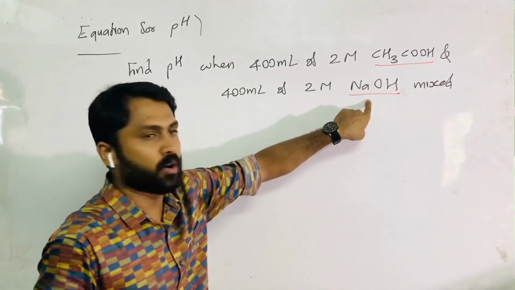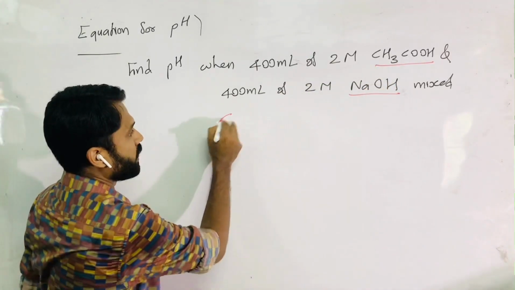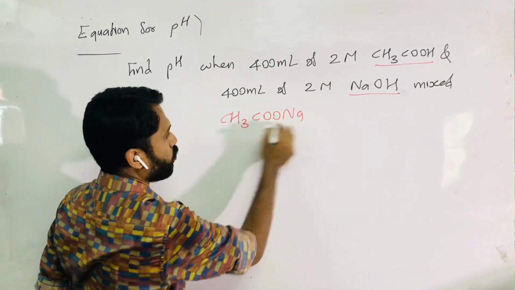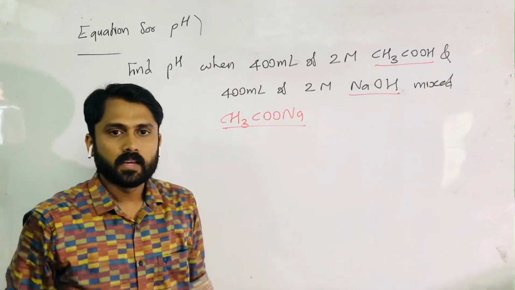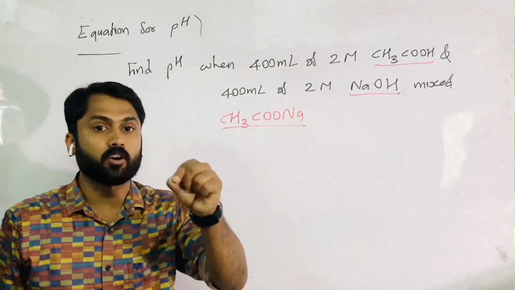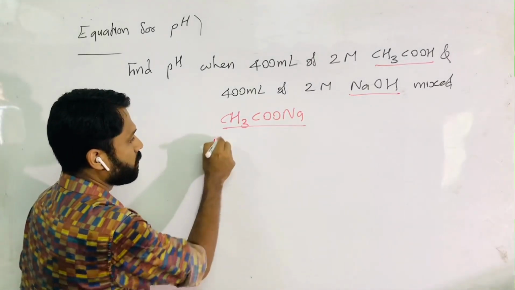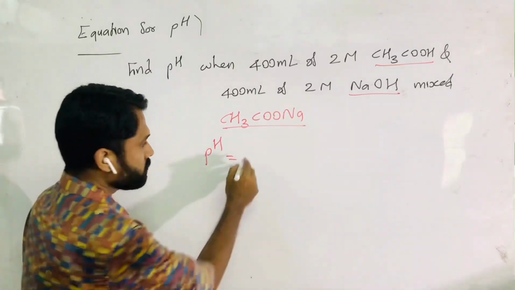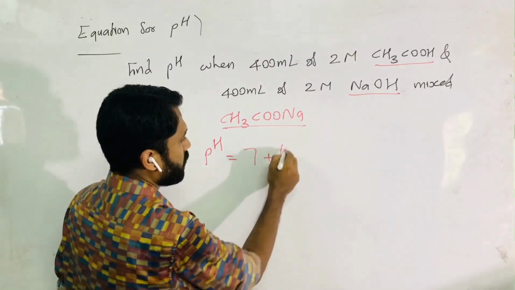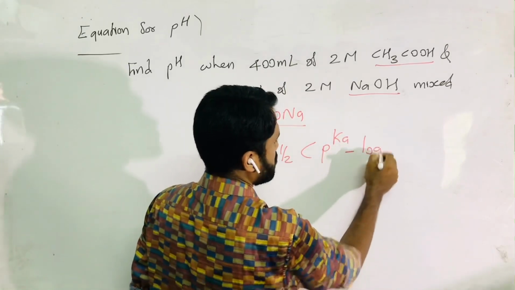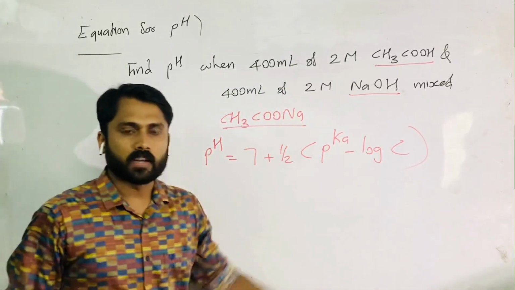CH3COOH and NaOH are mixed together to get a salt, CH3COONa. A salt has its own pH and we have an equation for that. What is that? pH is equal to 7 plus half into pKa minus log C. What is C here?